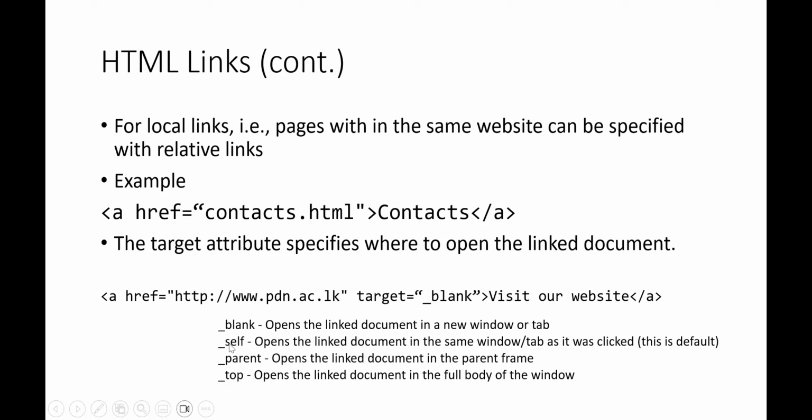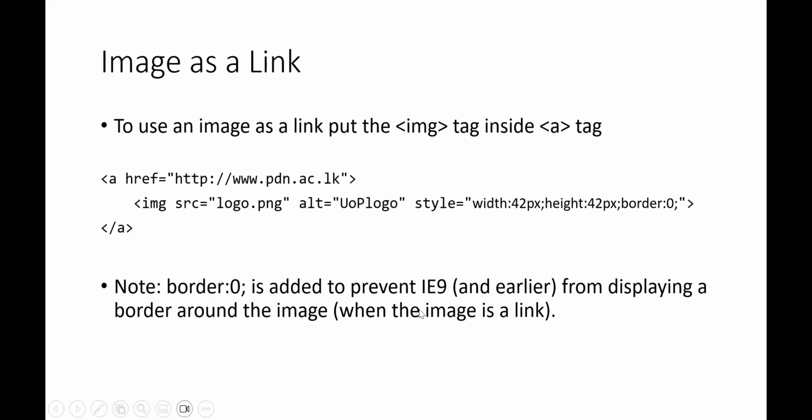If you say underscore self, it will open in the same window. If you use underscore parent, it opens the linked document in the parent frame. Underscore top opens the linked document in the full body of the window. So depending on where you want to show it, you have to change the target attribute.